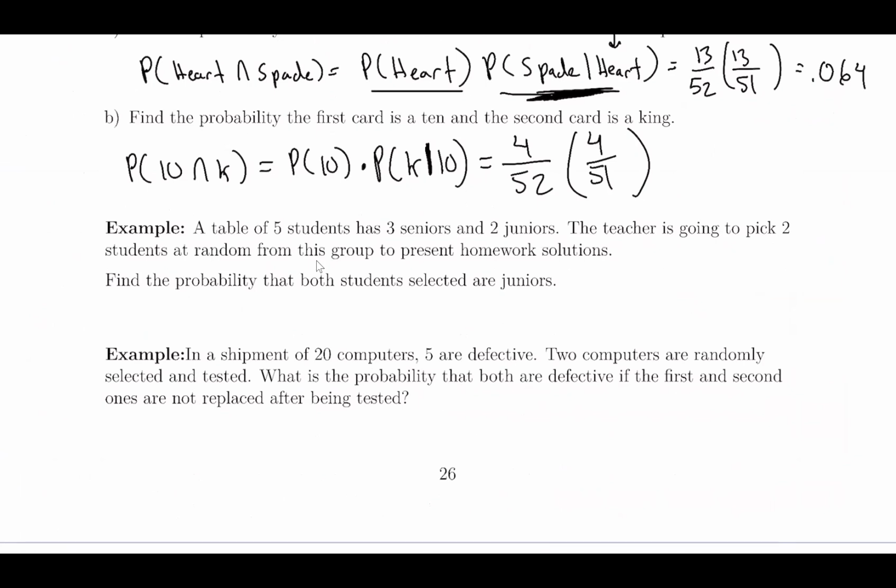You put the 51 because there's 1 card less. So you get 0.006, and that's it for that one. Okay. Any question for that last problem?